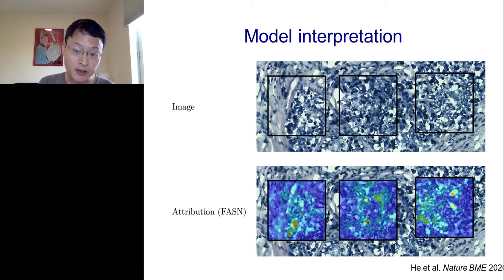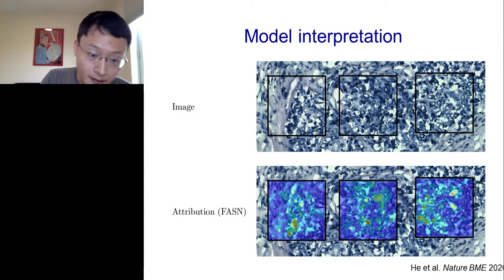The algorithm learned by itself that enlarged nuclei are symptomatic of high expression of this tumor factor FASN. This demonstrates that it's quite powerful to use this technology as a way to link gene expression profiles to cellular and tissue architectures and morphologies, which could lead to new and interesting biology.